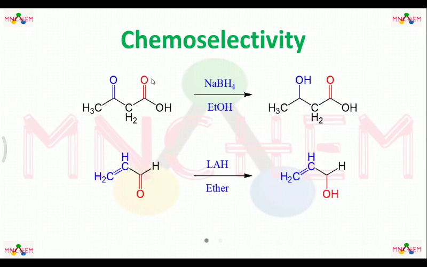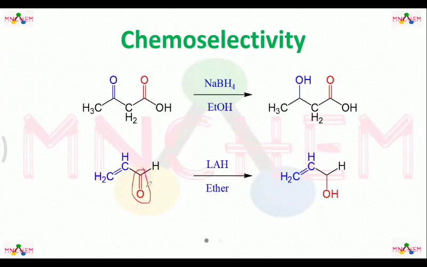This is because LAH is capable of reducing polar functional groups. Here the carbonyl group is polar in nature. There is a difference between the electronegativity of carbon and oxygen, so the carbonyl group is polar in nature.